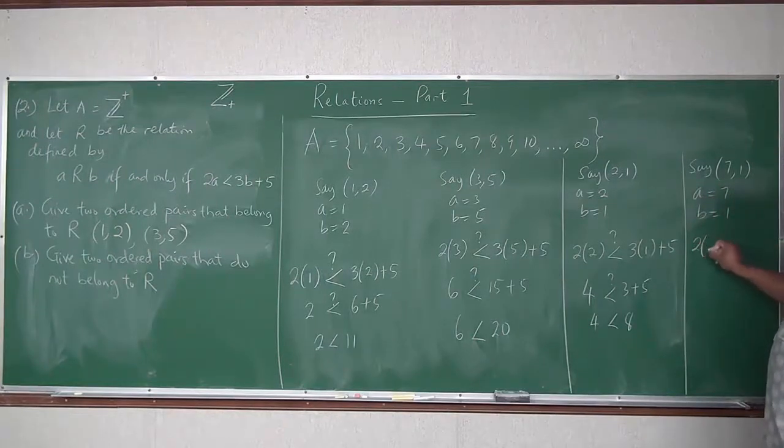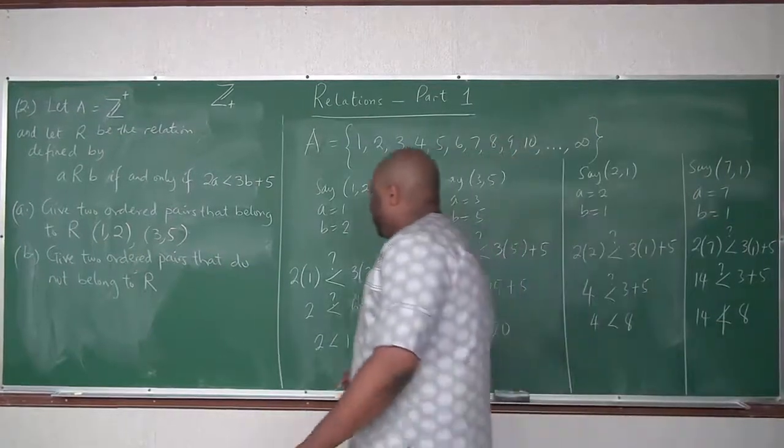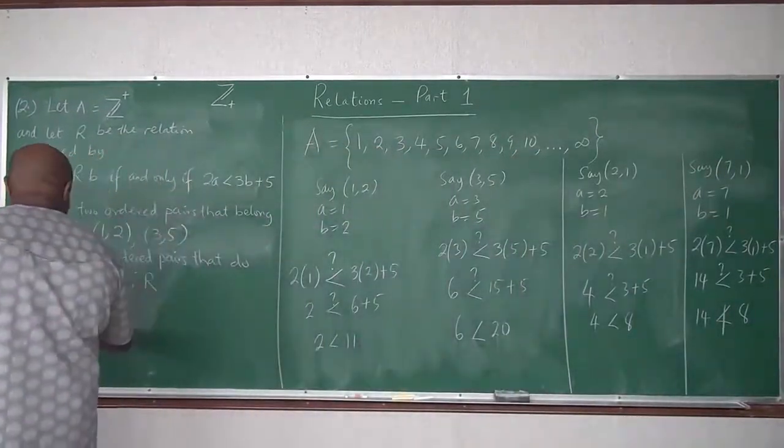So 2 times 7, is it less than 3 times 1 plus 5? 2 times 7 is what? 14. Is 14 less than 3 plus 5? So 14 is not less than 8. Okay? 14 is not less than 8. So (7, 1) will work.